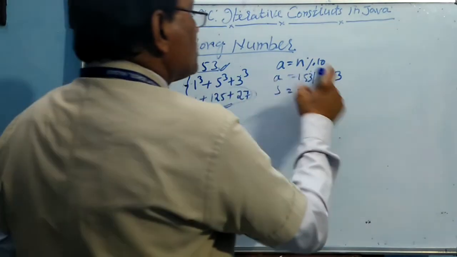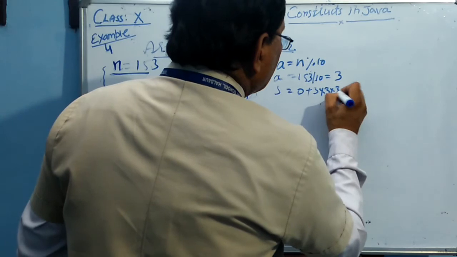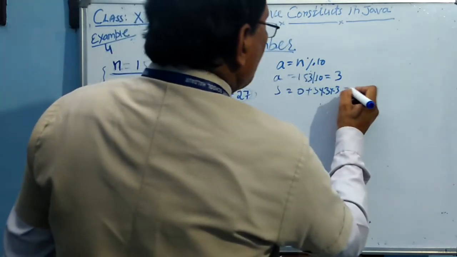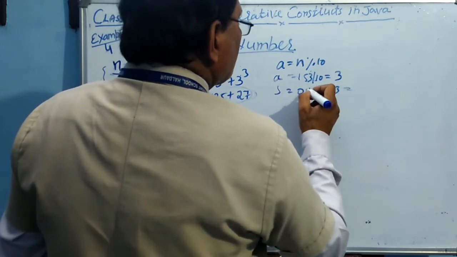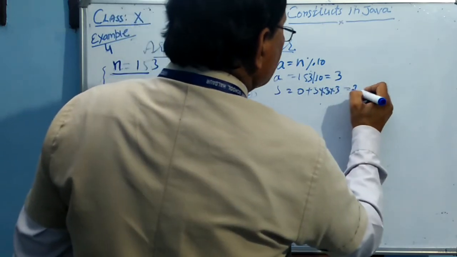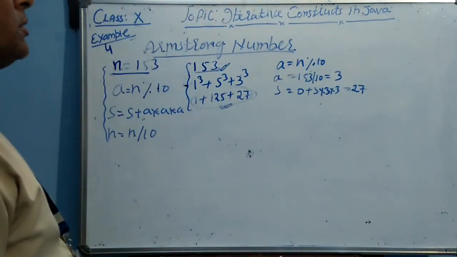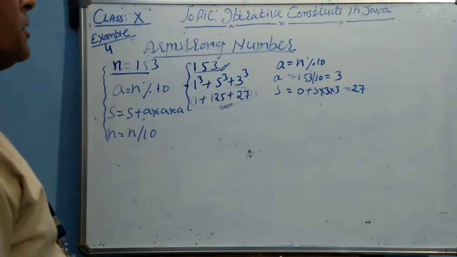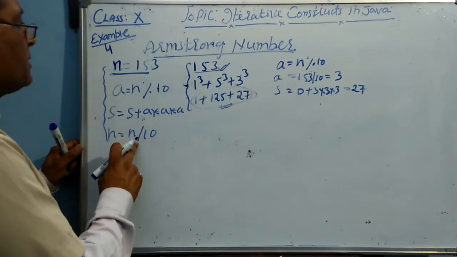The value of a is 3. So 3 3s are 9, 9 3s are 27, and 27 plus 0 is 27. Clear?